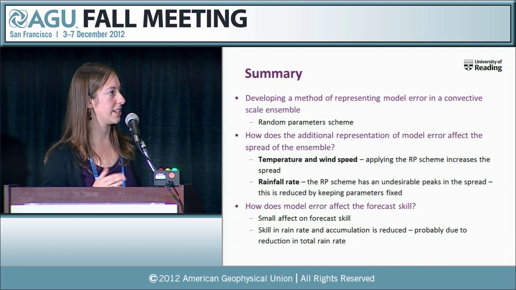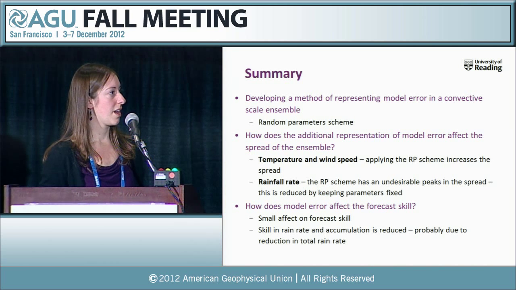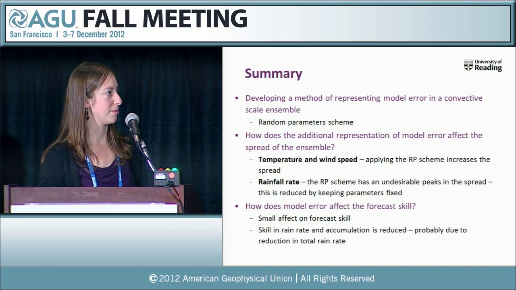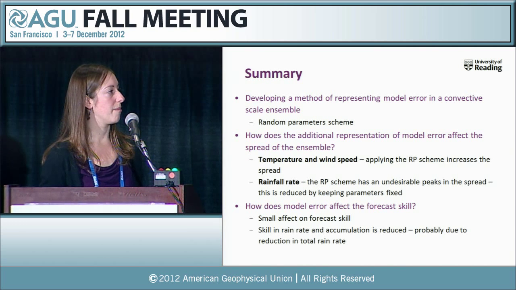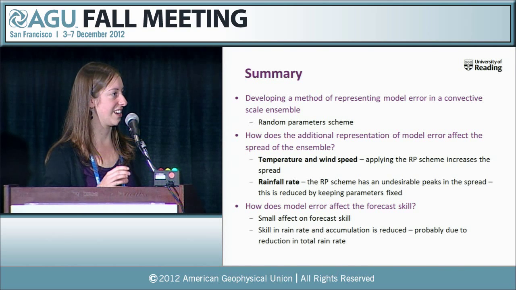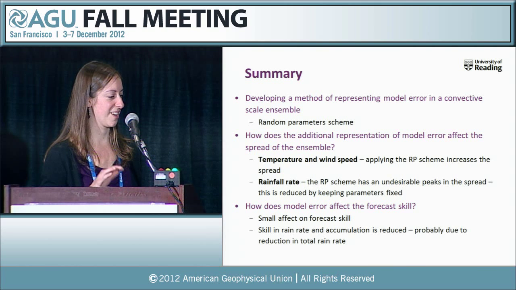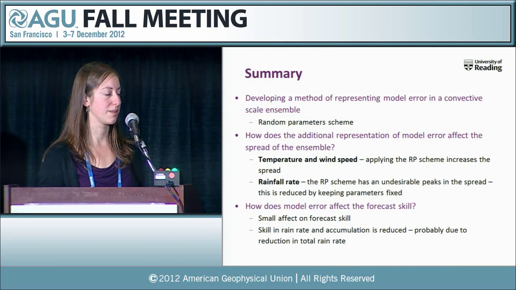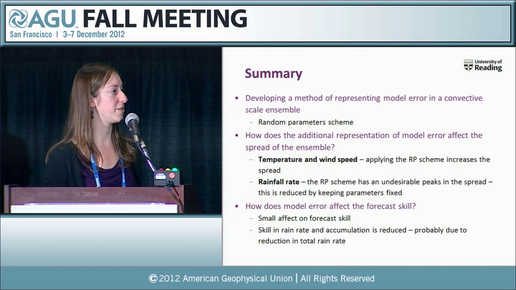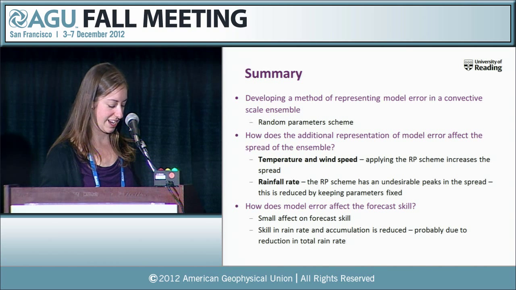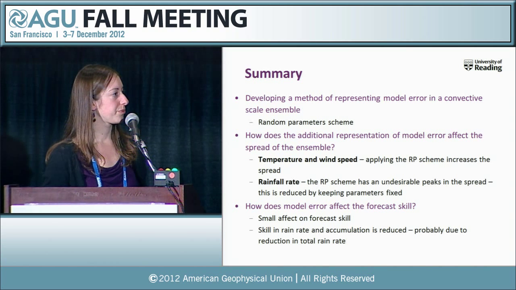Using this method to represent model error, it does successfully increase the spread of the ensemble for temperature and wind speed, but for rainfall rate, it introduces periodic unphysical peaks in the spread. This can be removed by keeping the parameters fixed throughout, but this actually has the effect of reducing the spread.